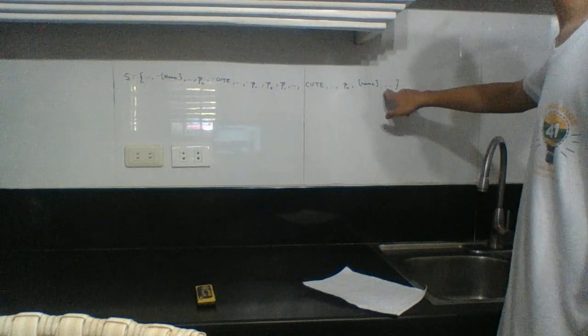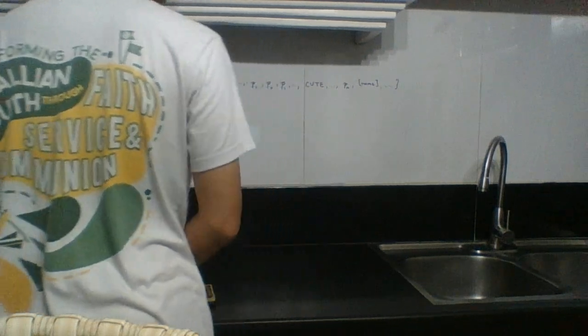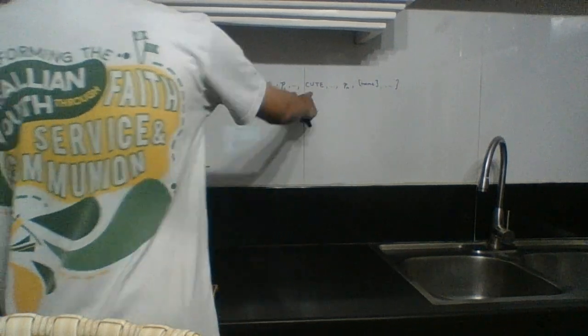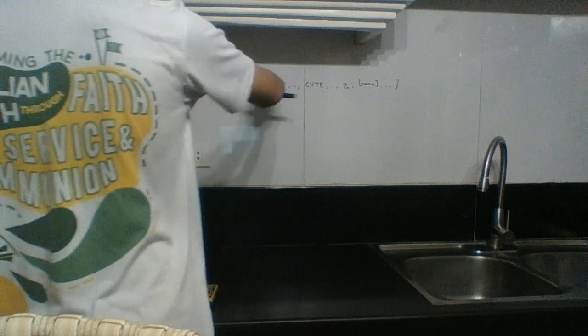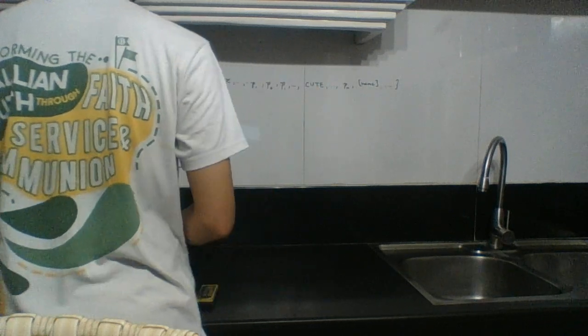So these two ellipses over here just tell us that there are more elements beyond name. And a key thing that we want to say is that the cute and name here, just like any other symbol here, can be indexed as well with a p sub i.